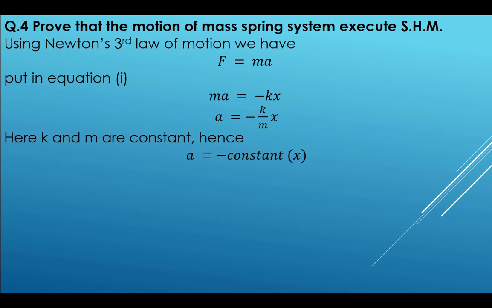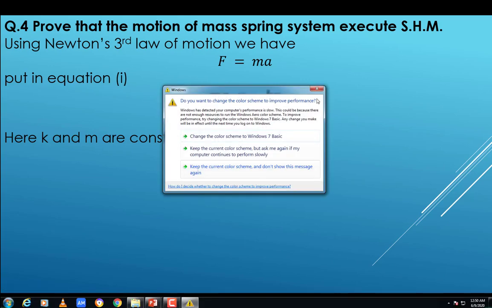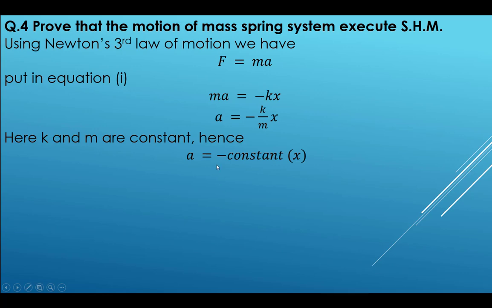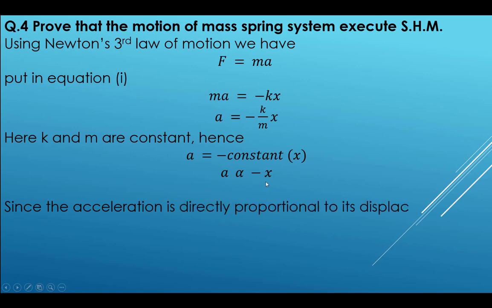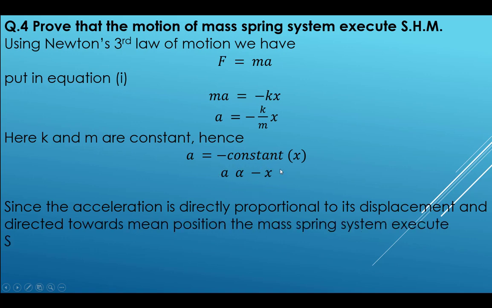Now if I remove this equals sign and the constant, then I have to put the directly proportional sign next to it. So now you can say the acceleration is directly proportional to the negative of displacement. The negative sign is due to the fact that the acceleration is directed toward the mean position.